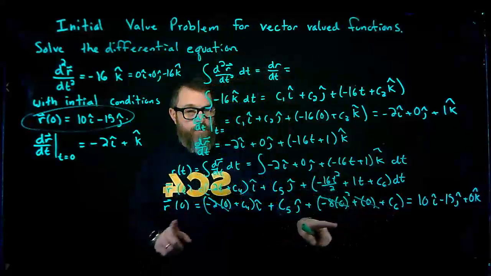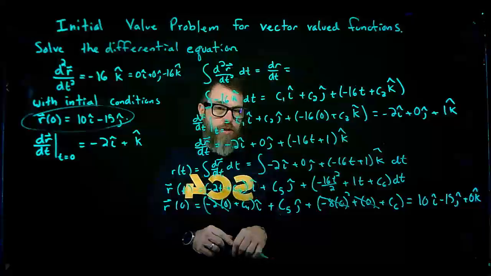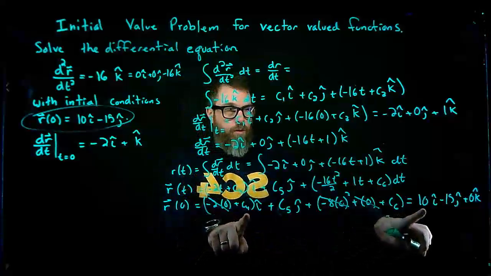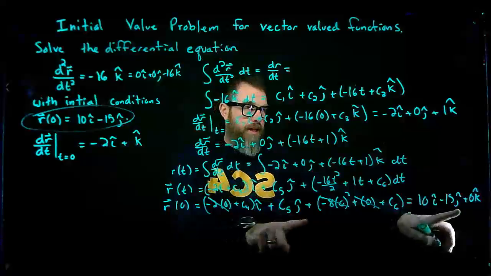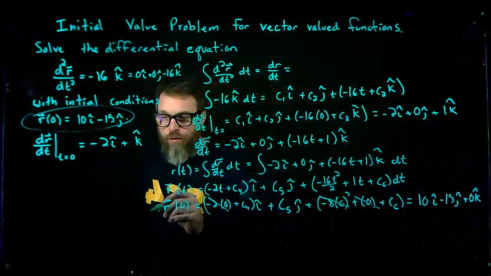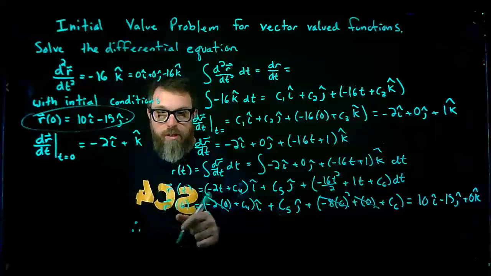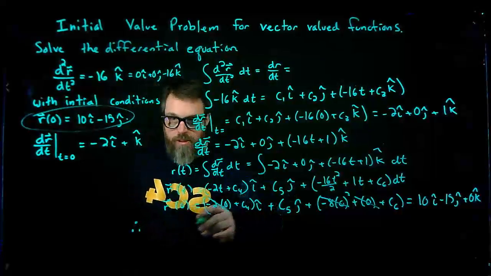So again, in order for these two vectors to match, they have to share the same components. So c4 has to be 10, c5 has to be negative 15, and c6 is going to be equal to 0. So finally, this is our answer: this vector with the correct c's.